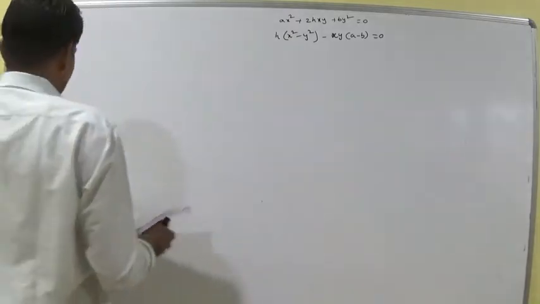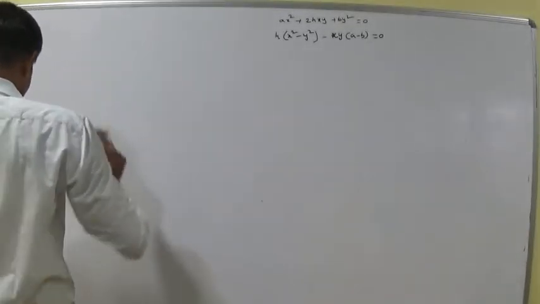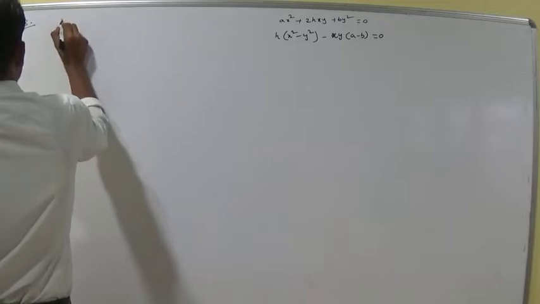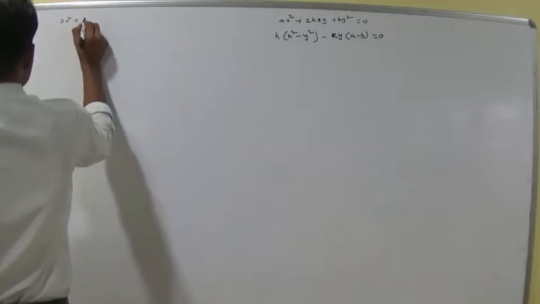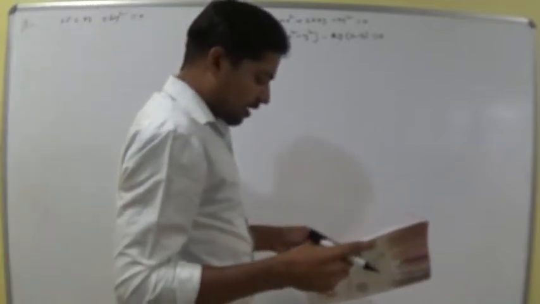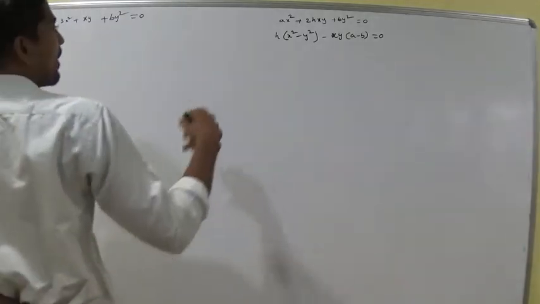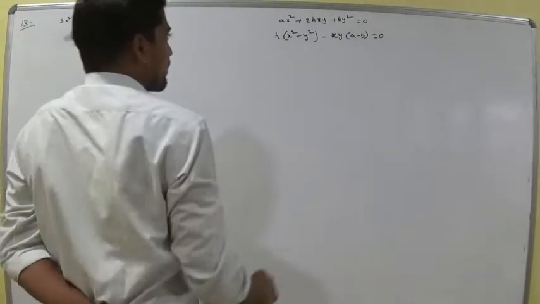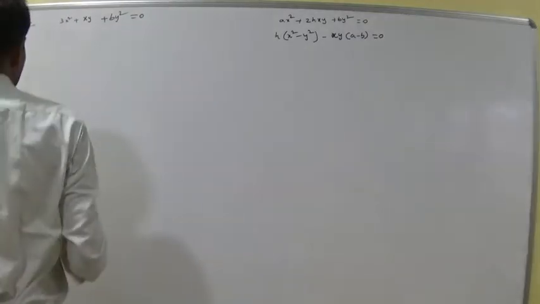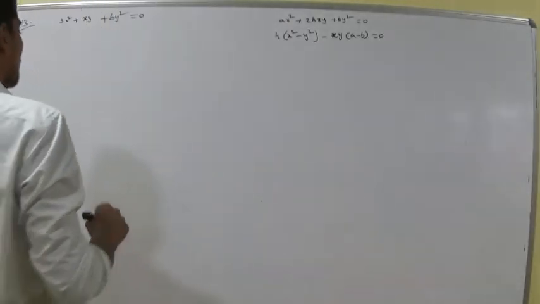Let us solve this 13th problem. 3x square plus xy plus by square equal to 0. The equation of the pair of bisectors of the angles between the pair of lines, I mean to say the combined equation, has been given, that is x square minus 14xy minus y square is equal to 0.